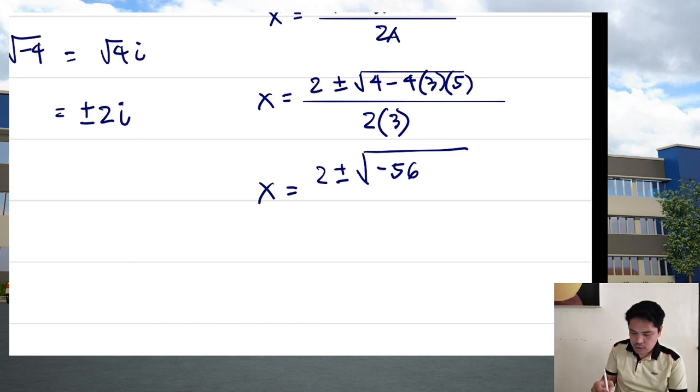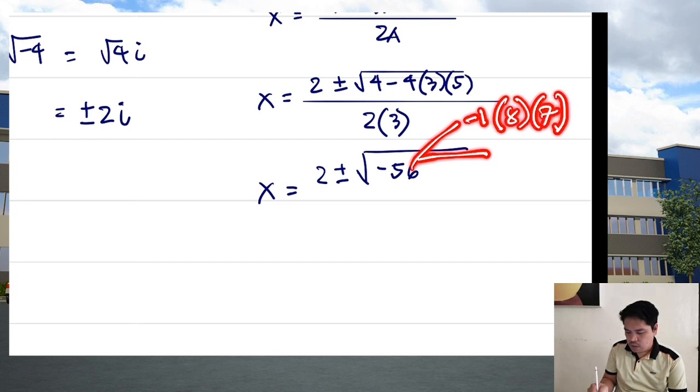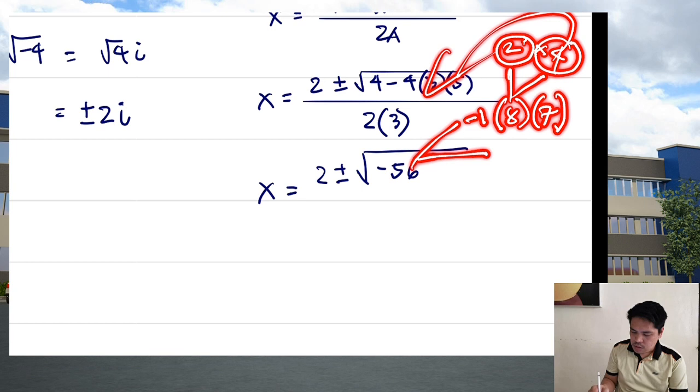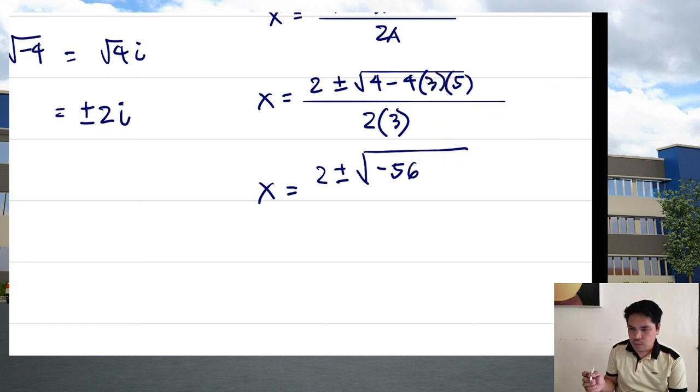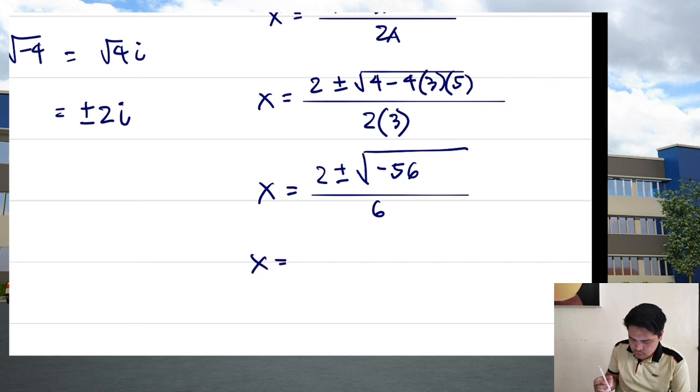56. And negative 56, ang factor niya is pwedeng negative 1 times 8 times 7, di ba? 8 times 7. And further, 8 is 2 times 4, and 4 is a perfect square. Pwede natin ilabas. So, nag-iwan si 2 times 7, which is 14. Ayan. So, divided by 6. So, we'll have x is equal to 2 plus minus, ayusin natin dito ha.